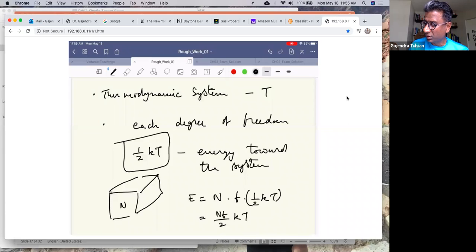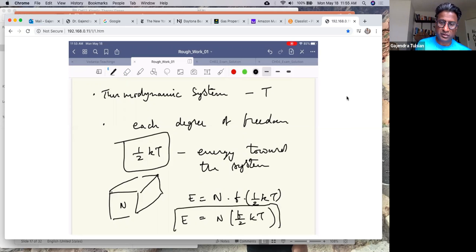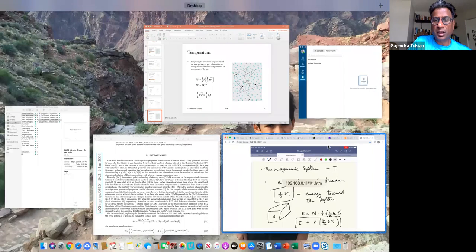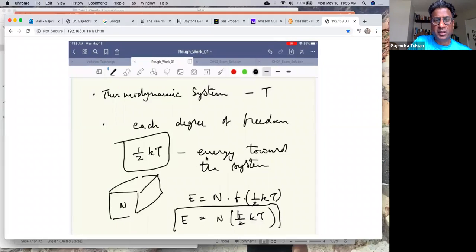That's the total energy of the system. Very simple. So the equipartition of energy says each degree of freedom contributes 1/2 kT towards the energy of the system.